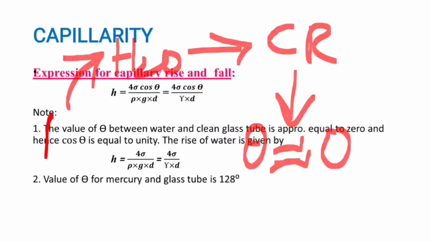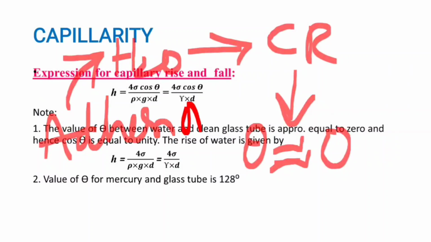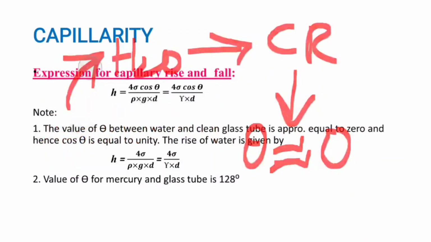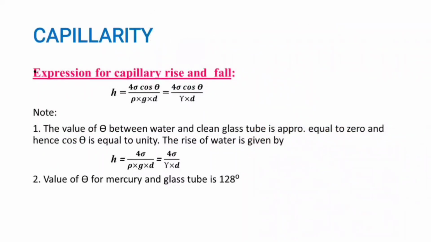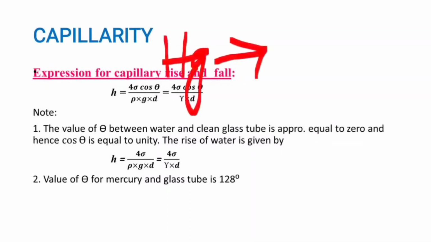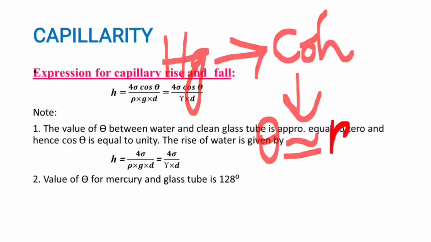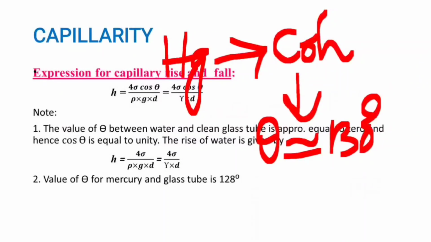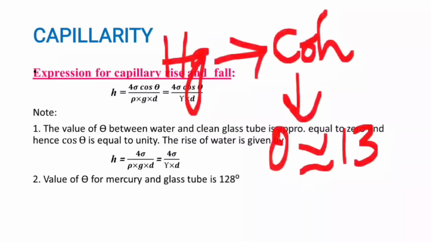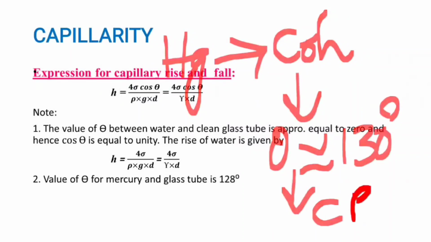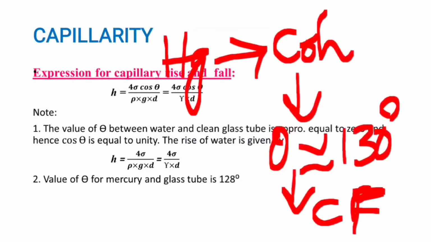Water has more adhesion. In the case of mercury, Hg, in a capillary tube, there is more cohesion, and theta will be approximately 130 degrees. That gives capillary depression or capillary fall.